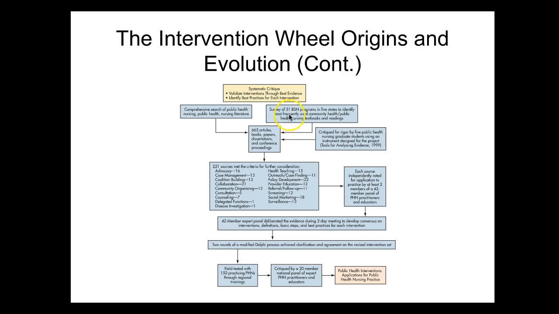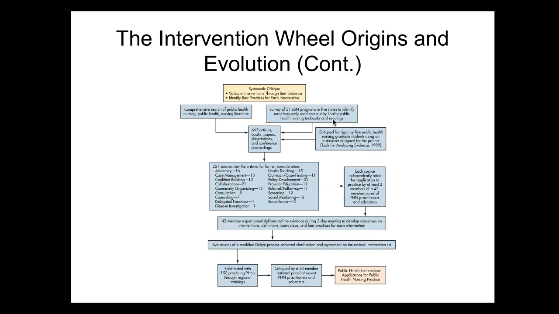They also surveyed 51 BSN programs in 5 states to identify the most frequently used community health and public health nursing textbook and reading. This Stanhope book that we use, and there's also a few different versions within the community health setting, is probably the most popular community health and public health book. It's really great. And then also the different readings.